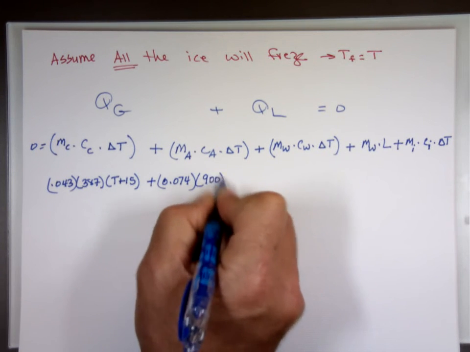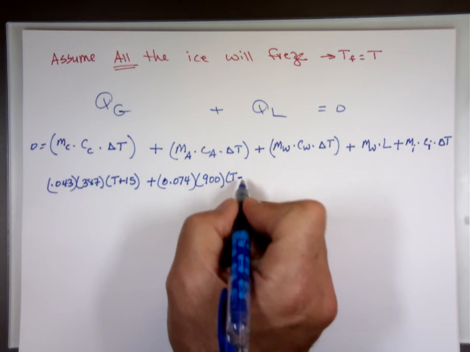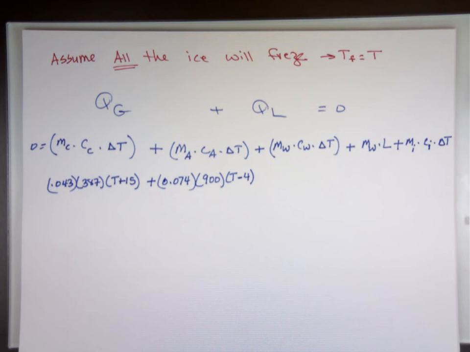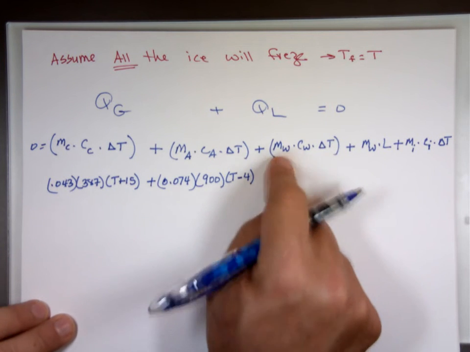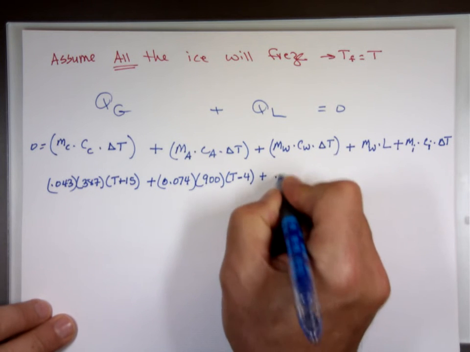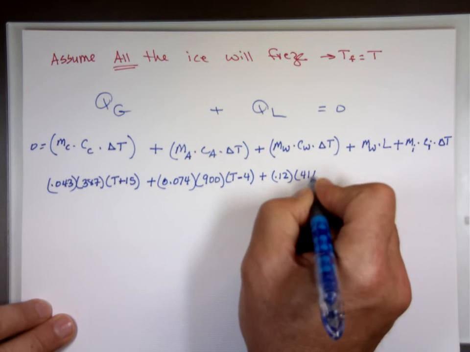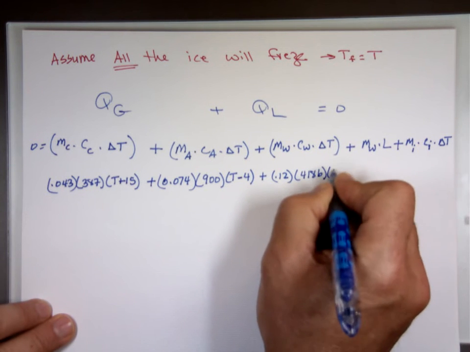Final temperature minus the initial, which is what? Was 4 the initial? This is water to go from -4 to 0. Zero minus 4 degrees.